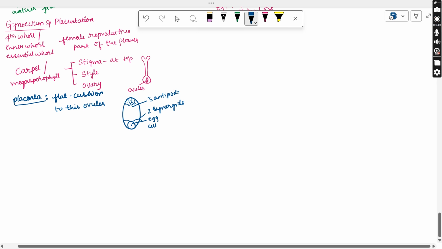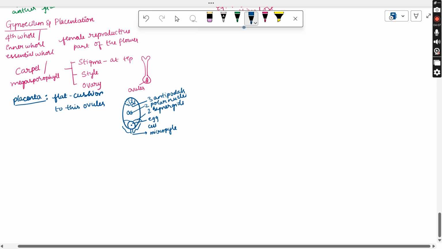At the center, two polar nuclei are present. Now, this egg cell will have an opening through which the pollen tube will reach the egg cell for fertilization.